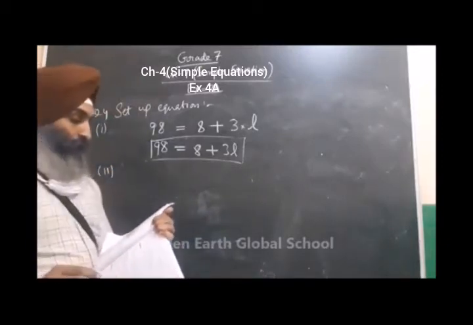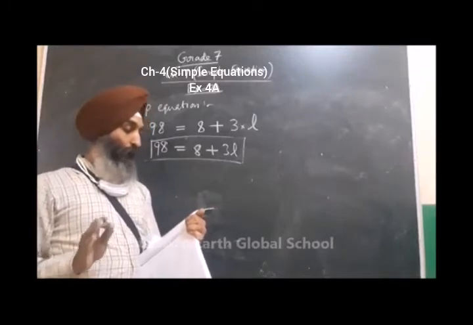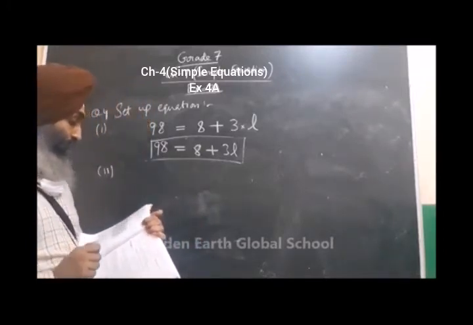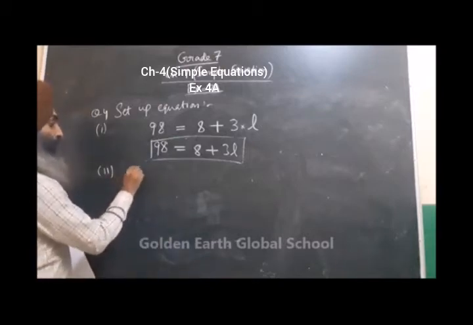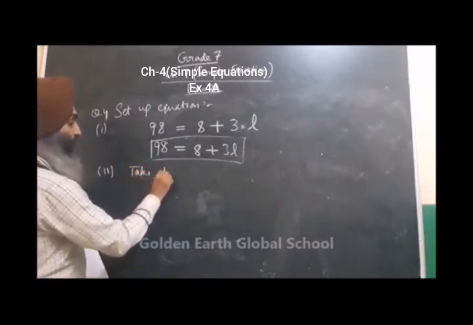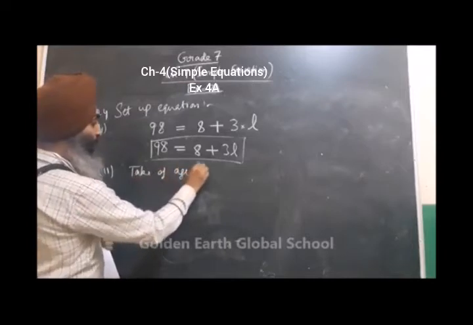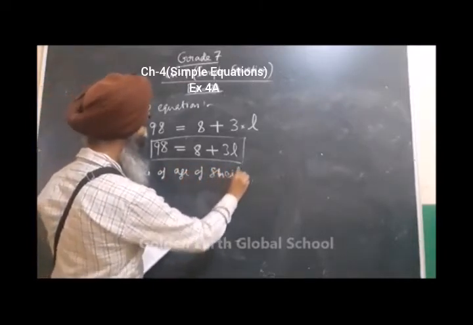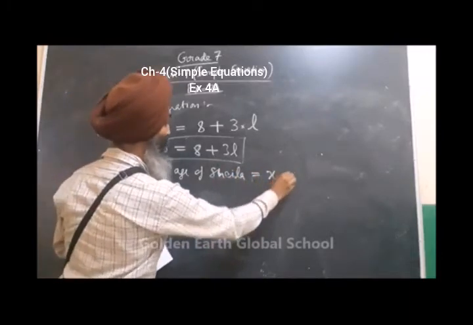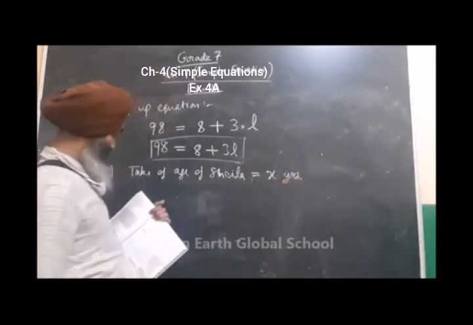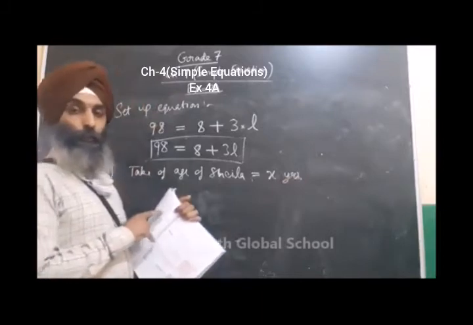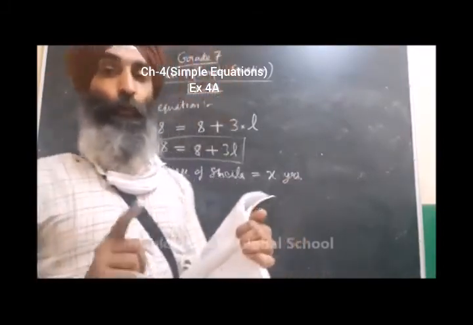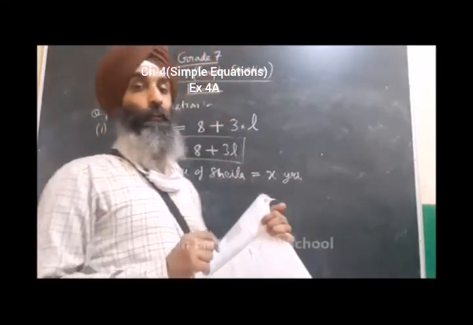Now similarly, you have the second part. Sheila's father is 3 times as old as her. Now you don't know the age of Sheila, so take the age of Sheila as x years. It is given in the question that Sheila's father is 3 times as old as Sheila.